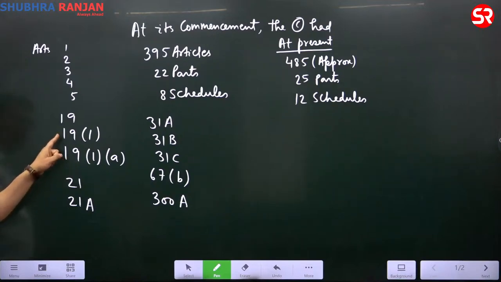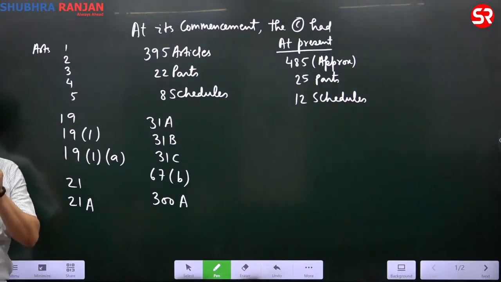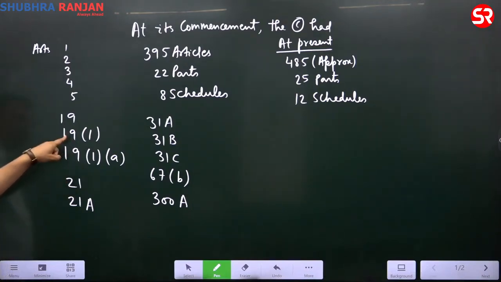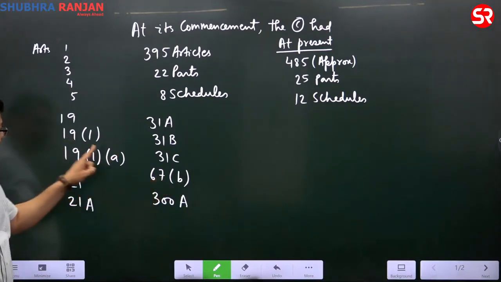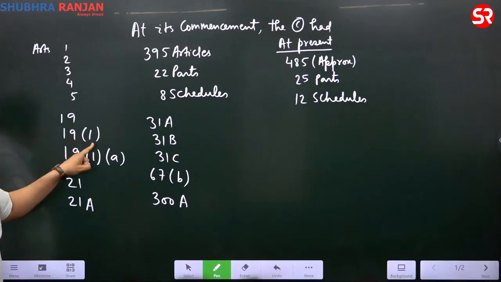Now, some articles contain clauses. Clauses can be written like this or like this. Article 19 clause 1 can be written like this.